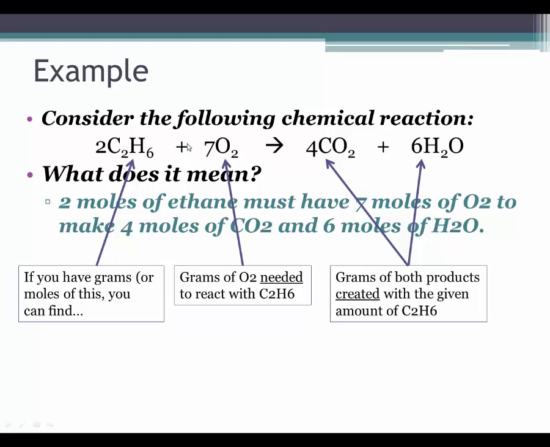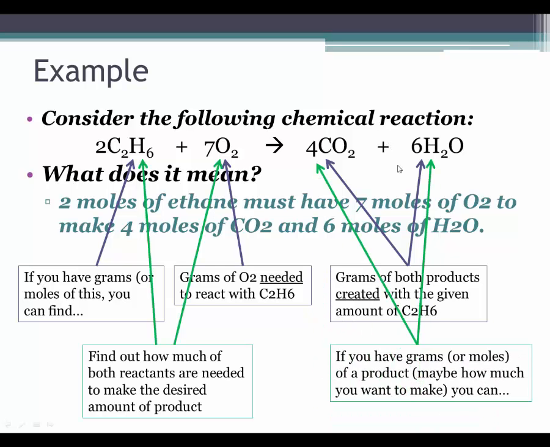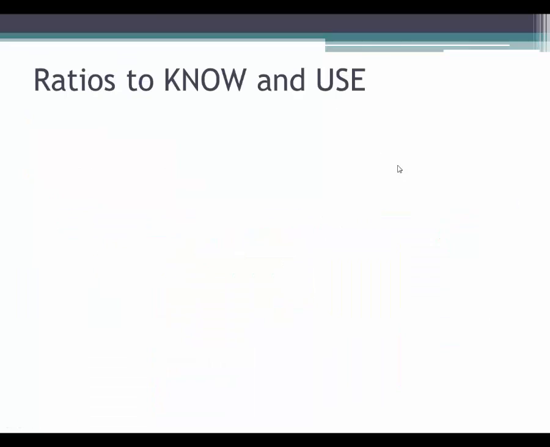So that's pretty cool. We can use stoichiometry and the mass of one given amount to find the masses of the other amounts, whether it's a reactant or a product. Doesn't matter. If we know one, we can get the others. So there's stoichiometry for you in a nutshell. Okay, let's go ahead and move forward and do some practice.